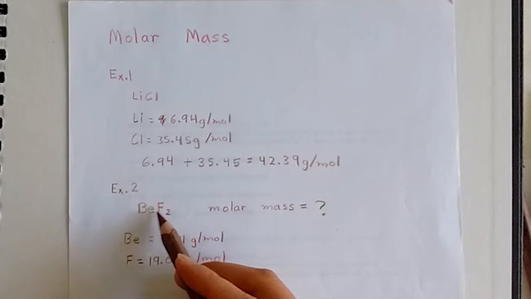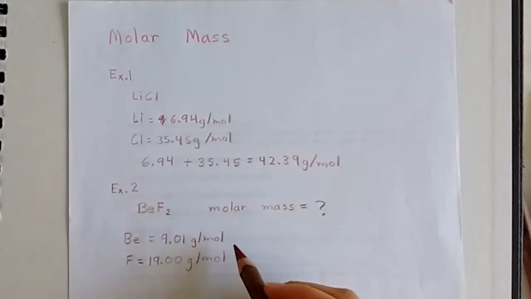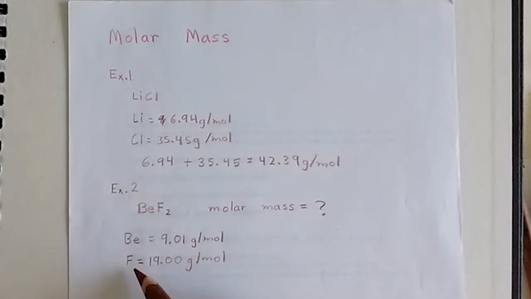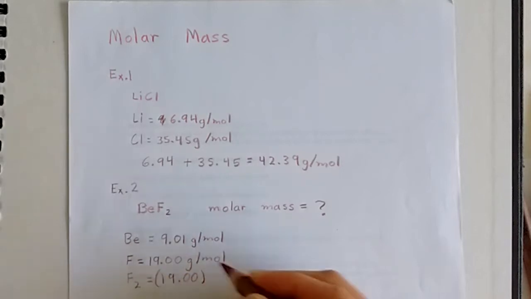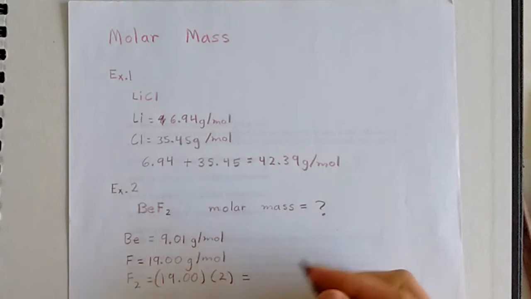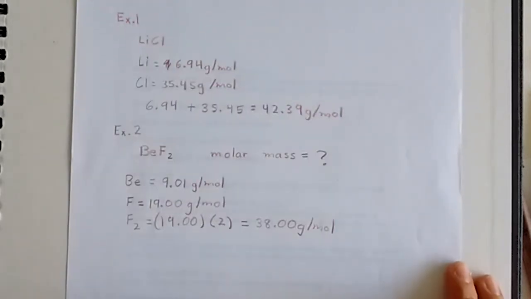So we have 2 fluorines here, which means that this mass is for 1 fluorine. So for 2 fluorines, we would instead have 19 times 2, which would be 38 grams per mole.